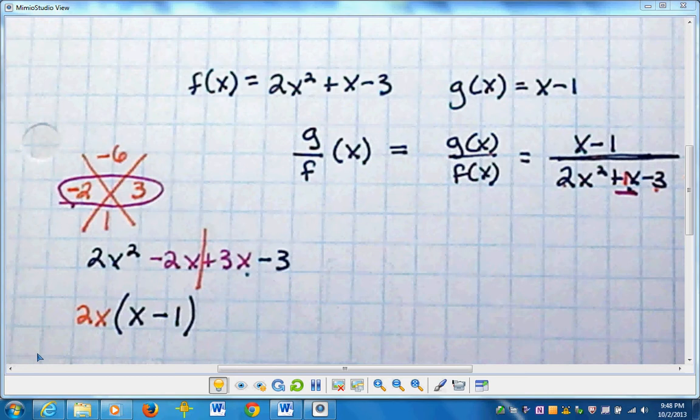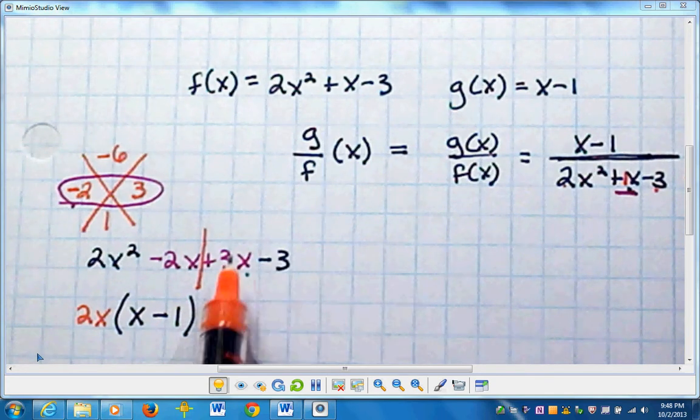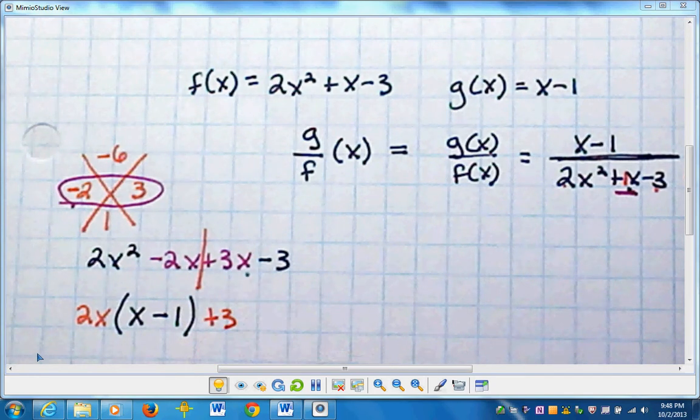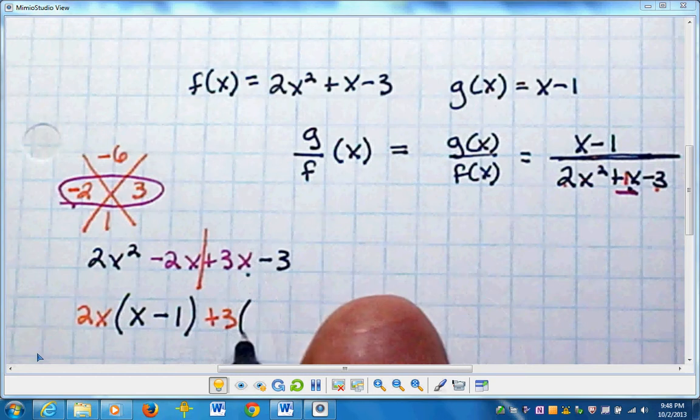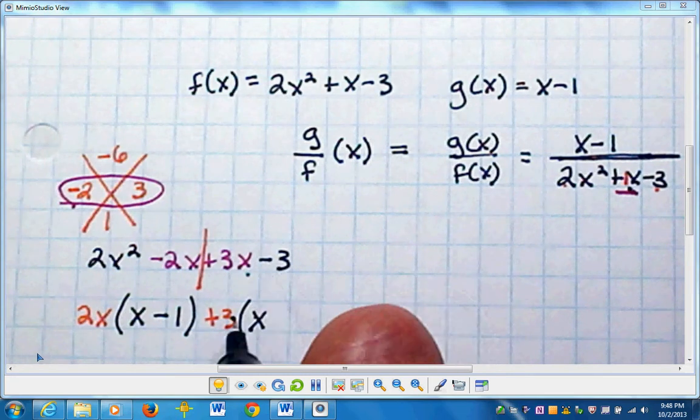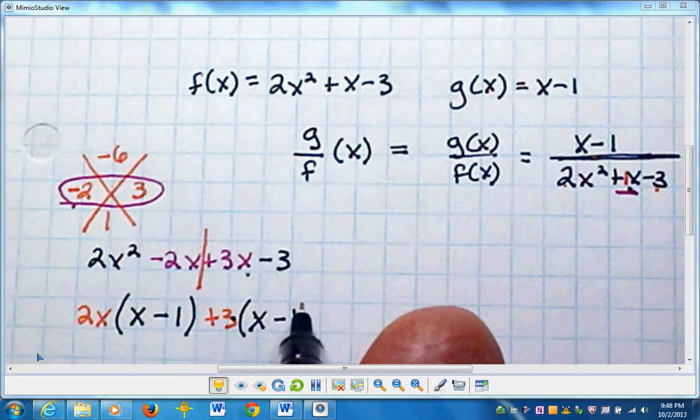Okay? So now I'm going to look at my second half over here. What can I factor out? I can factor out a positive 3. And that leaves me with, well, 3x divided by 3 leaves me with x. Negative 3 divided by 3 leaves me negative 1.